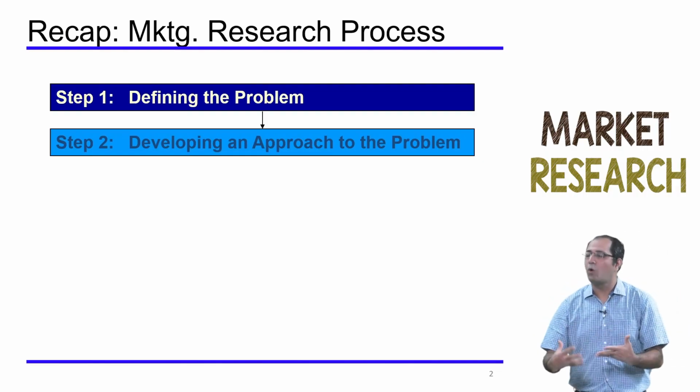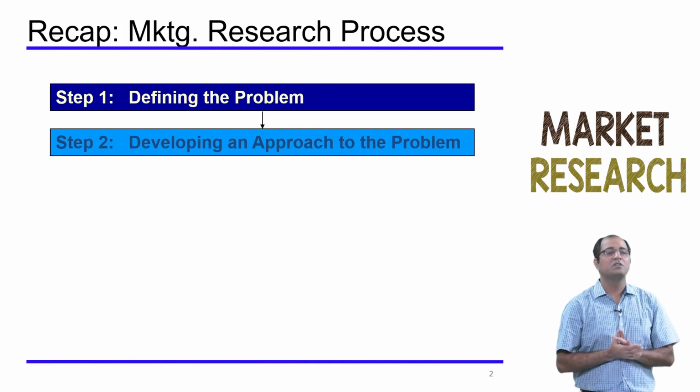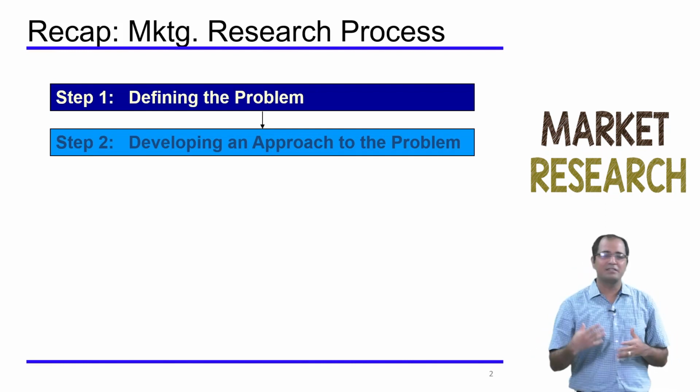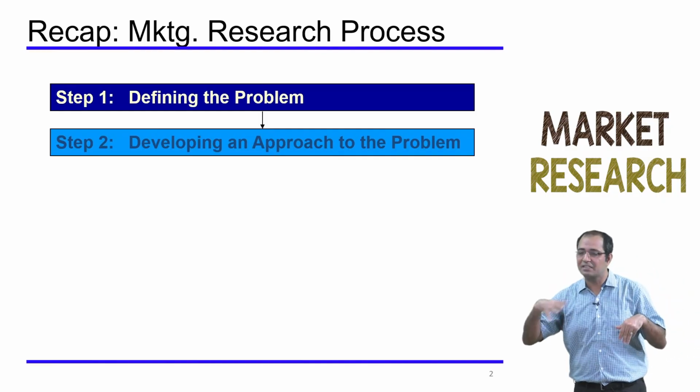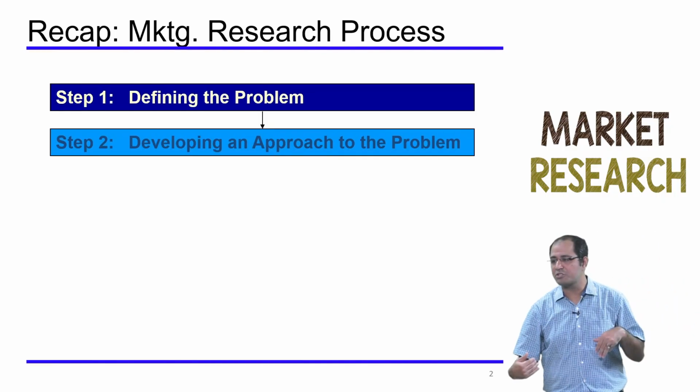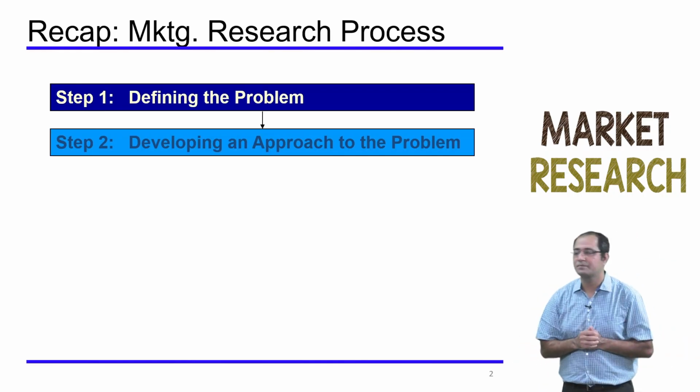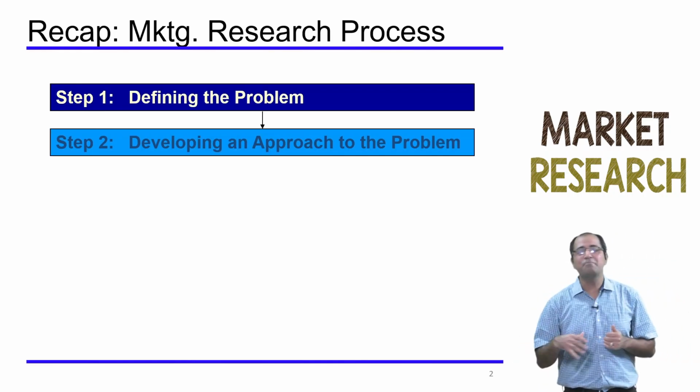But let's move on to step number 2, so that we get an idea how to break the components of the marketing research problem further into research questions and hypotheses, to further simplify.